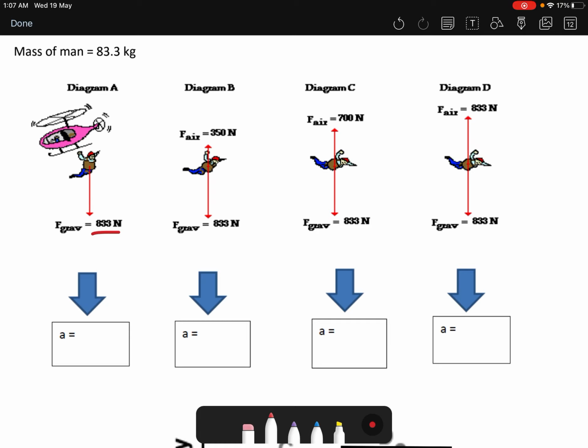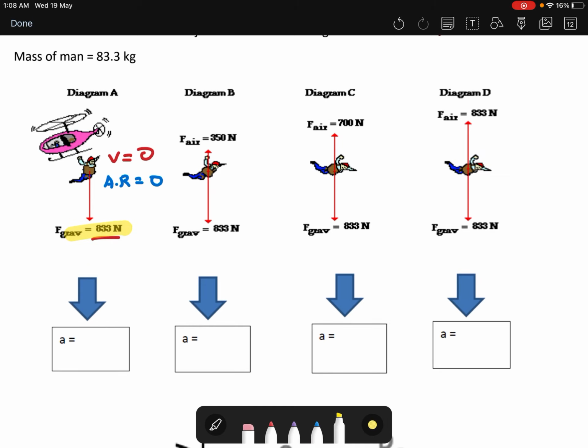There's no resistance because at the instant he just falls, the speed of the man is 0. Since you are stationary instantaneously, there is no air resistance, because in order to have air resistance, you need to be moving. So the only force acting on the man is the 833 Newton.